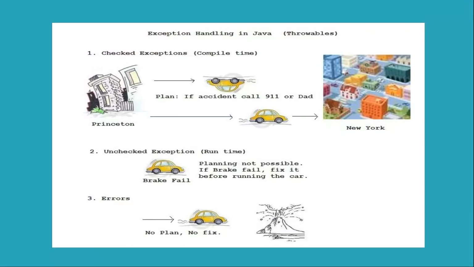If a volcano eruption happens in between, on the place where you're moving on the way, then it's something which nothing can be done about. So it's an error which cannot be solved. So errors are such things which cannot be solved. Checked exceptions are planned. Unchecked exceptions are runtime, which cannot be planned, but then they can be solved and we can continue. Errors cannot be planned and cannot be fixed.